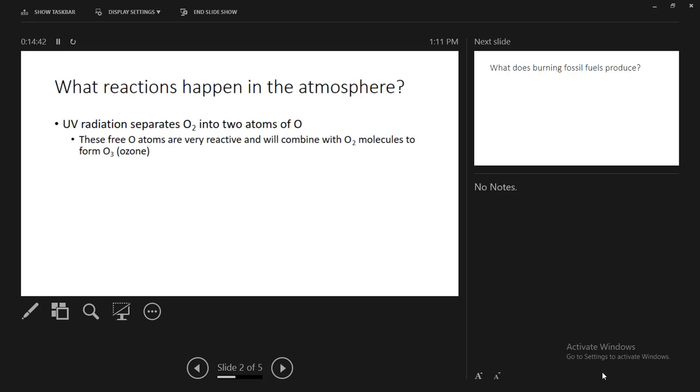Here is reaction 2. We've got this highly reactive oxygen atom combining with this molecular oxygen.